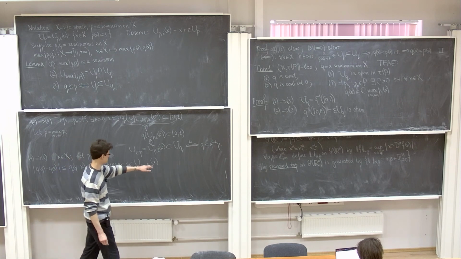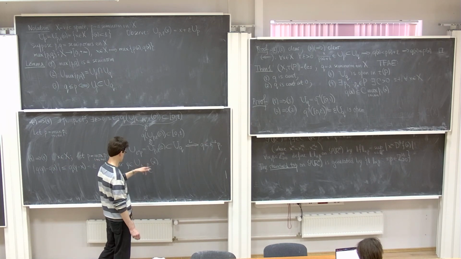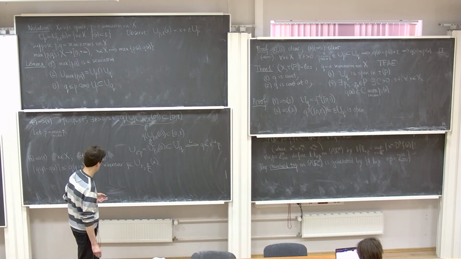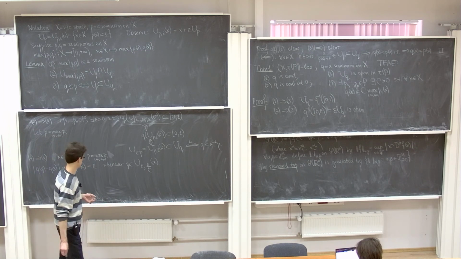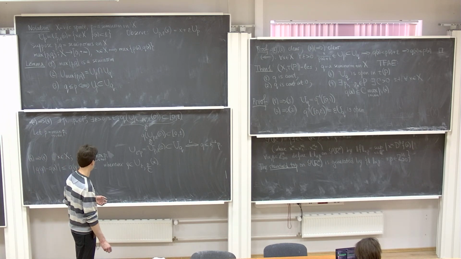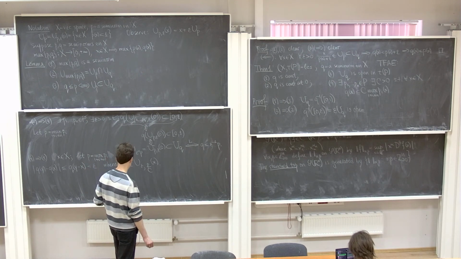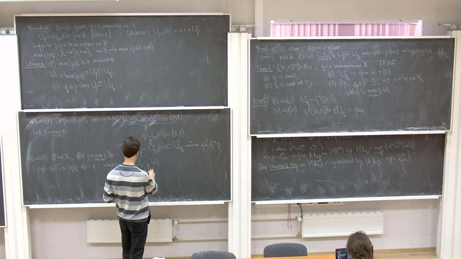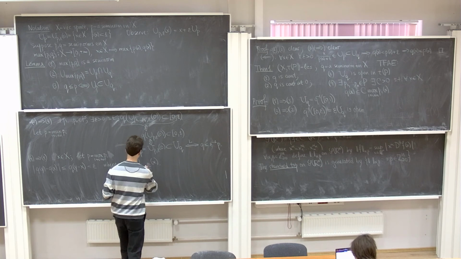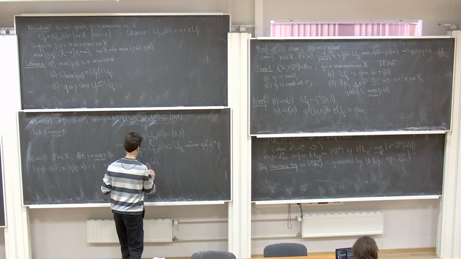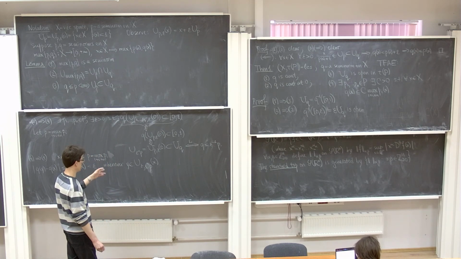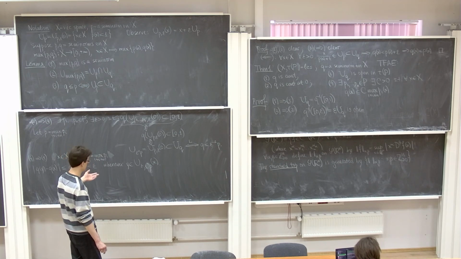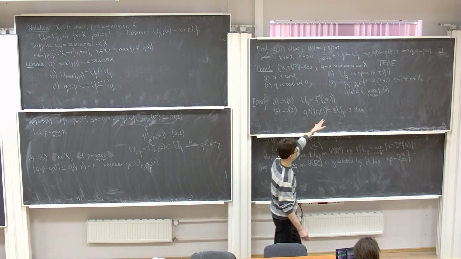Well, if y sits in here, then P of y minus x is less than epsilon over C. And so Q of y minus x is less than, well, if P of y minus x is less than epsilon over C, then by this, Q of y minus x is less than epsilon.